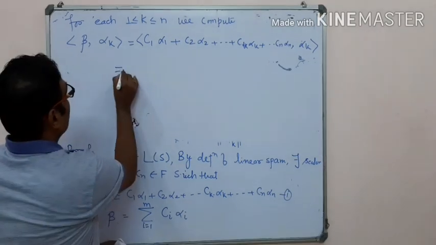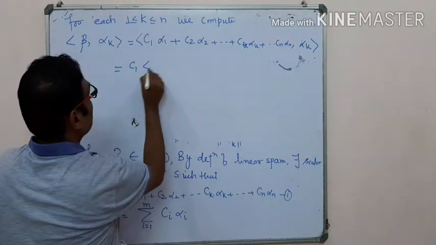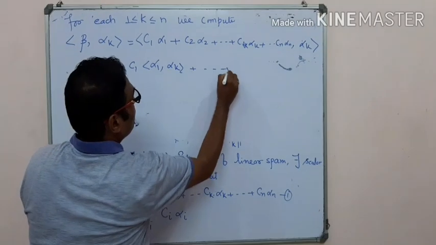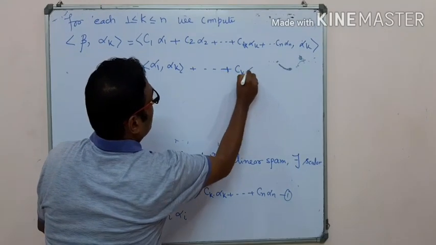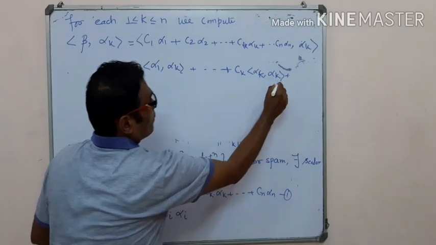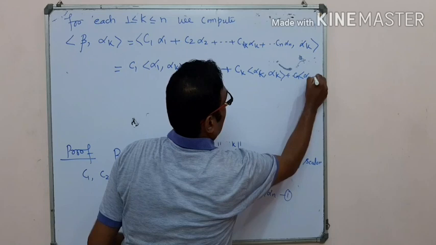Now by using the linearity property, C1 is common: C1 alpha 1 comma alpha k, continuing, Ck alpha k comma alpha k plus Cn alpha n comma alpha k.